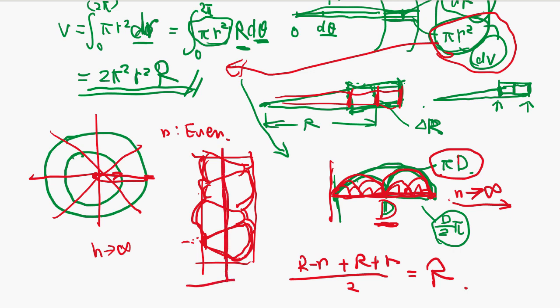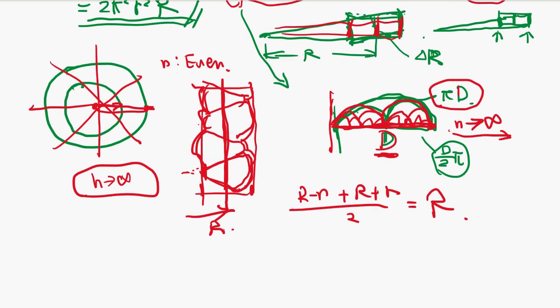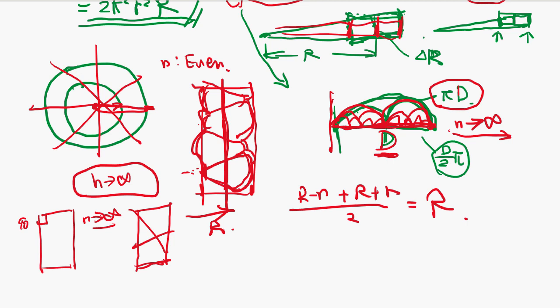This is R, right? You take this one, you take this one, when n goes to infinity, it becomes a same-length rectangle. The only remaining question is, will it be a complete rectangle when n equals infinity, or still have some tilted parallelogram? Not really, because when n goes to infinity, this becomes 90 degrees, so it's going to be a rectangle.